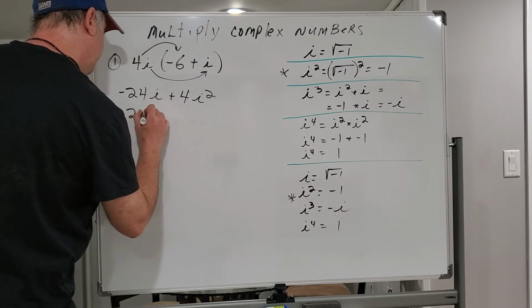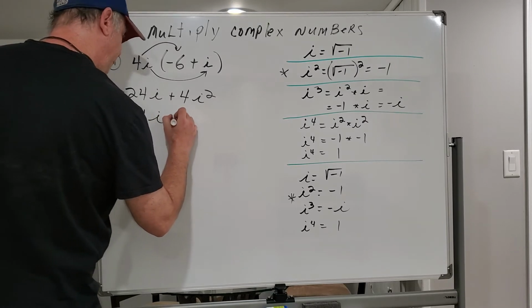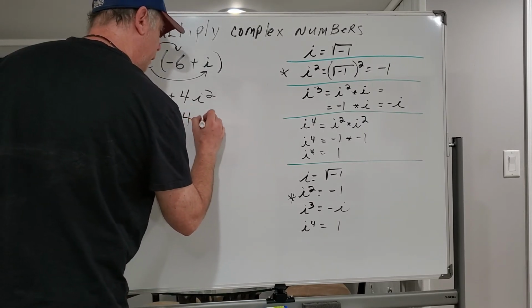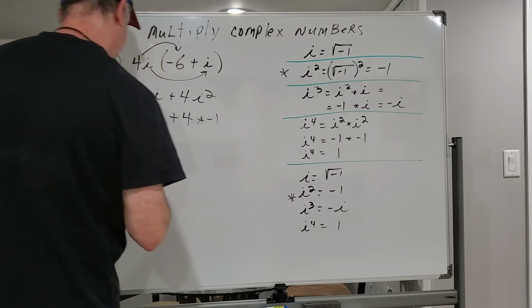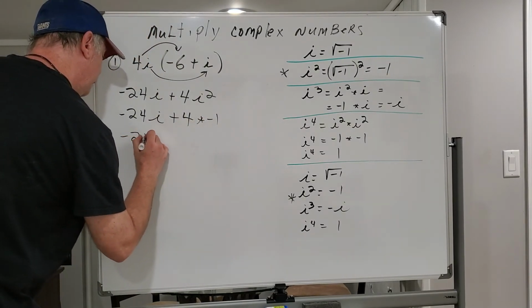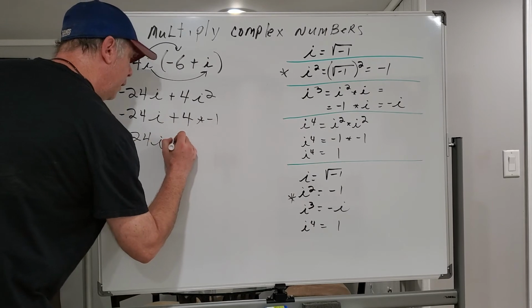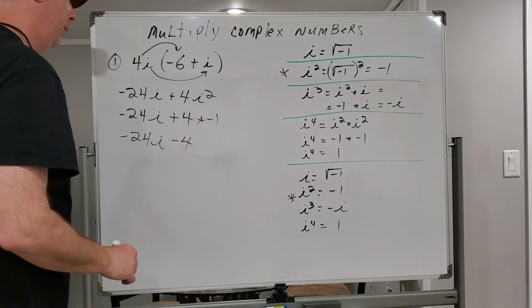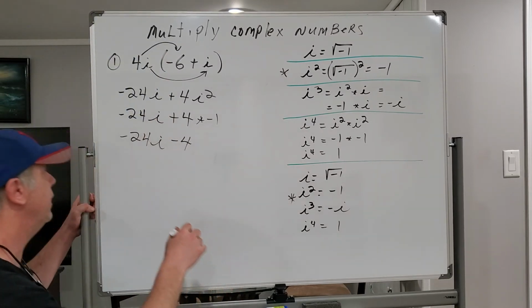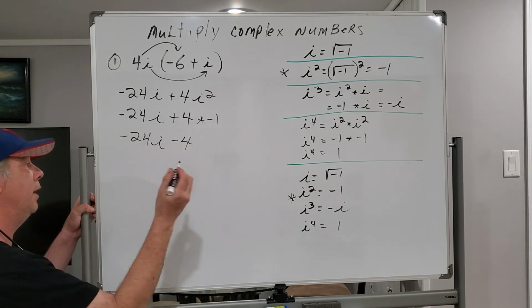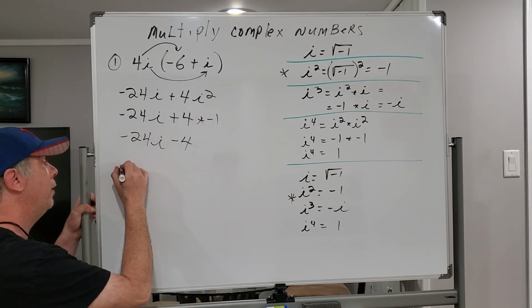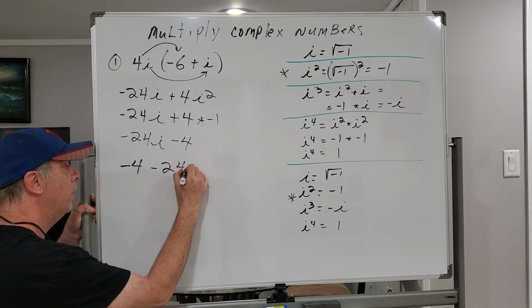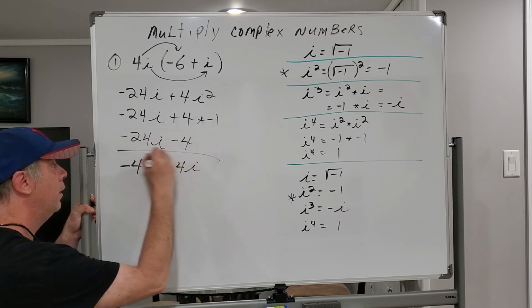So -24i plus 4 times -1, -24i minus 4. And then to write this in standard form, the constant has to be first, so we just switch that around. We go -4 minus 24i is our final answer.